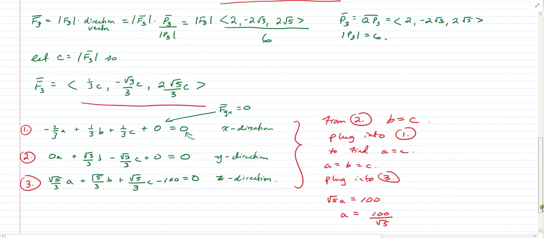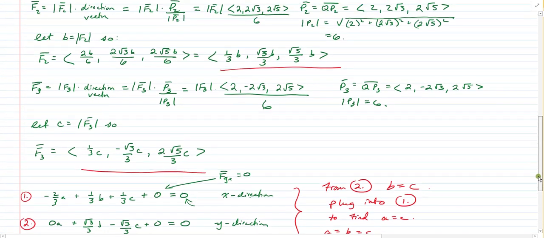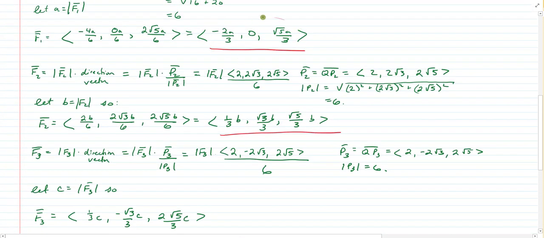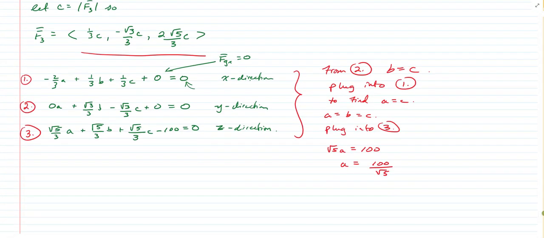So now I'm going to take these three vectors that I've come up with, and replace all of the variables, A or B or C respectively, with the number 100 over the square root of 5. Previously we had said that our force 1, this vector right here, was the vector negative 2/3 A, comma, 0A, comma, the square root of 5 over 3A.